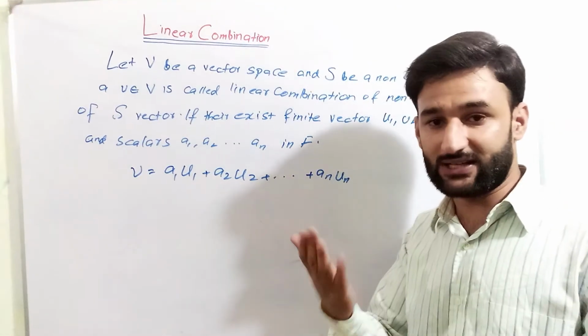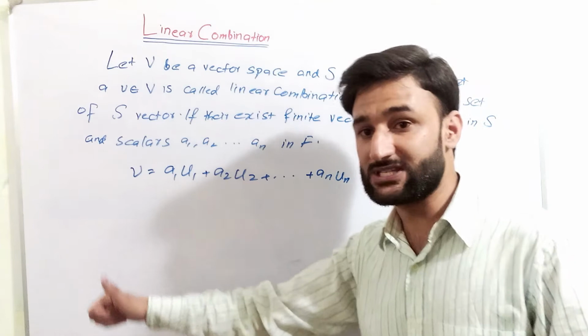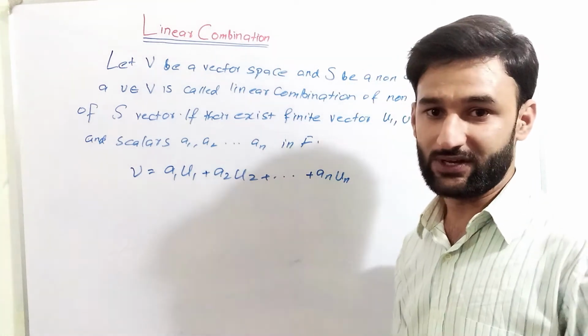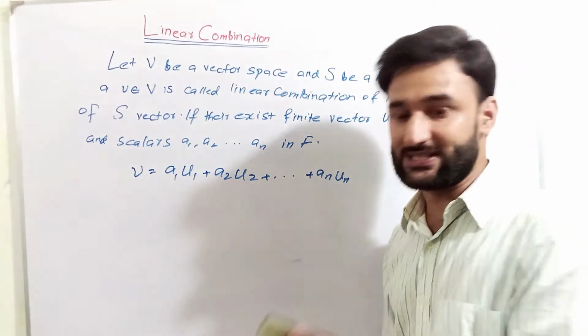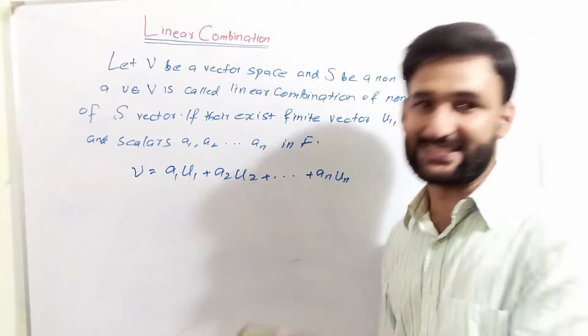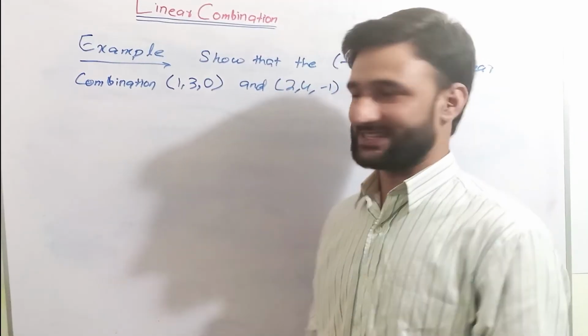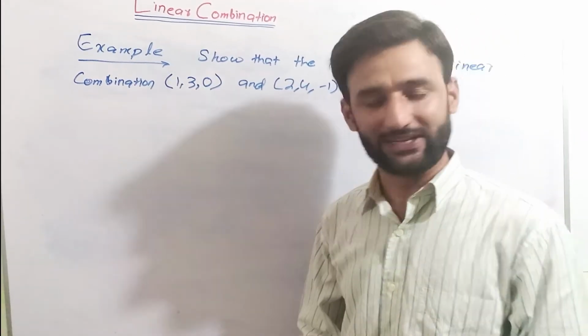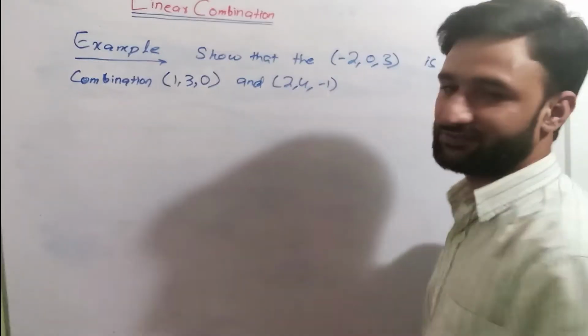In other words, the left hand side of the equation must be equal to the right hand side of the equation. Now we choose an example to understand this definition. Here, show that the vector u is a linear combination of these two vectors.